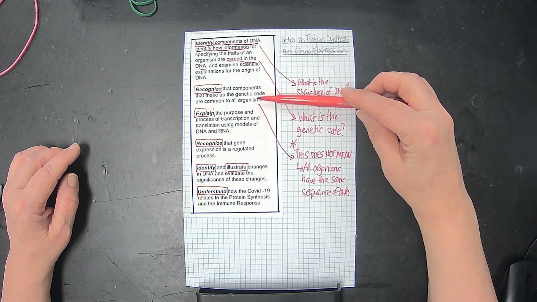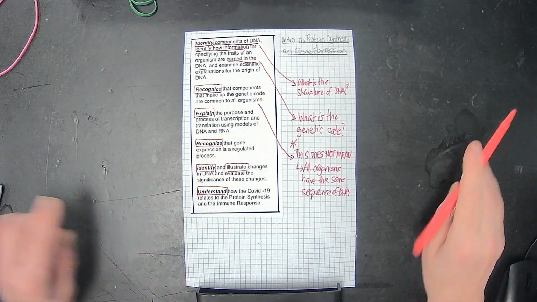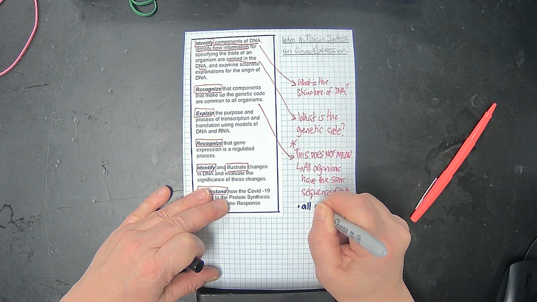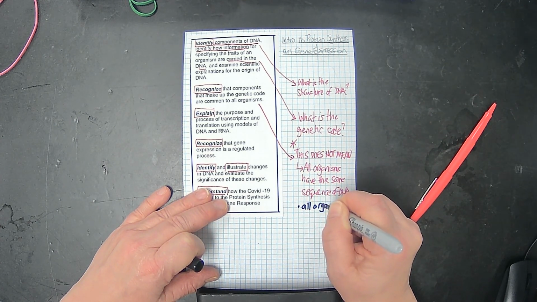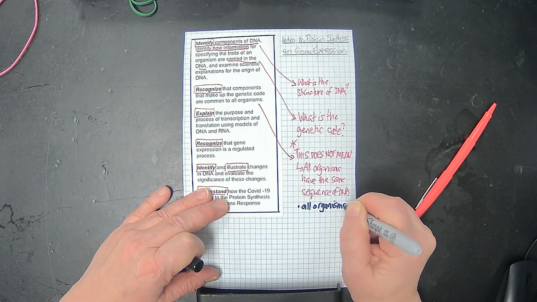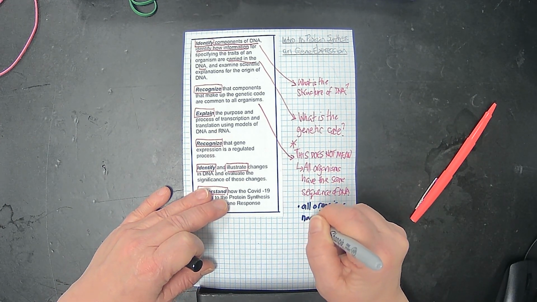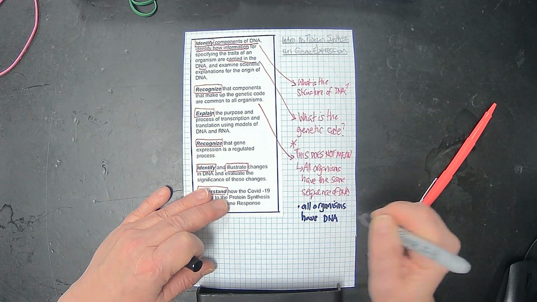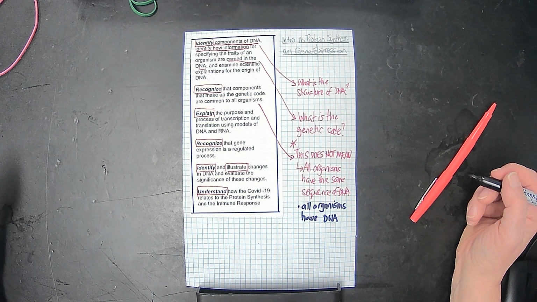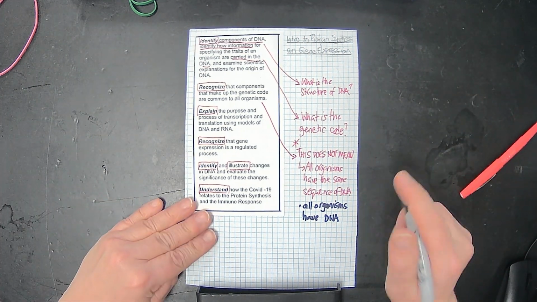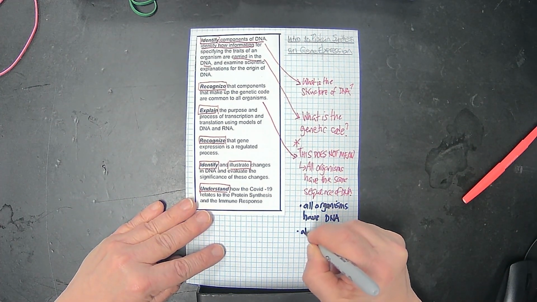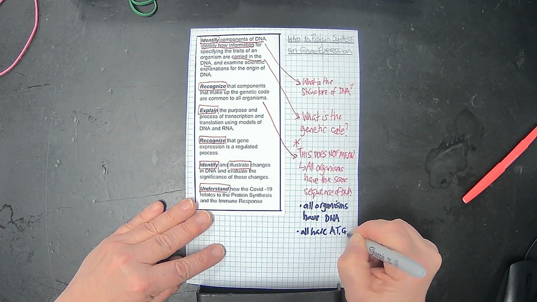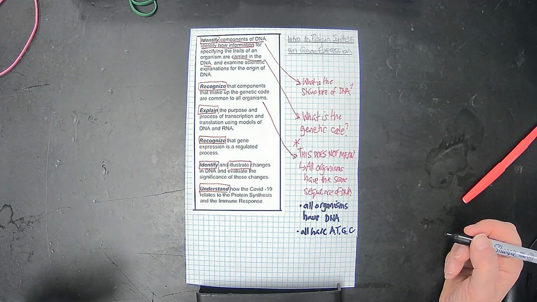What this section is saying really is this, right? What it's actually saying is all organisms have DNA, right? So we all have a double helix. We all have the bases, the nitrogen bases A, T, G, and C. Those bits are the same.